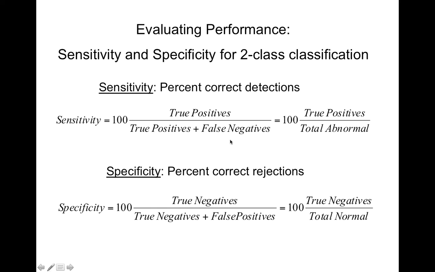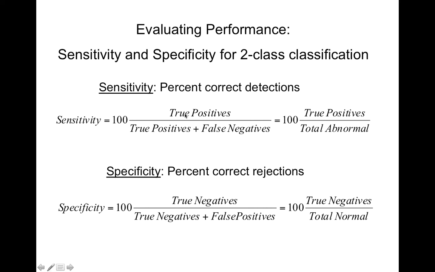A false negative would be that you would predict something would not be in a class when in fact it is. So this would be the person who should have been in category 1 and was actually predicted to be in category 2. That's referred to as your sensitivity, and it's the percent correct detections.